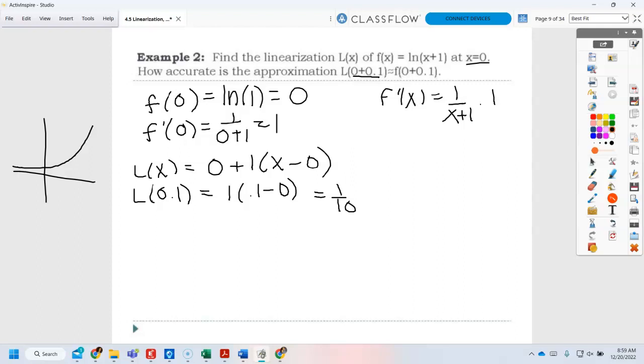So the natural log of x is its inverse. If you think about inverses, they're typically reflected across the line y equals x. So if you reflect that, is it going to be concave up or concave down? Concave down.